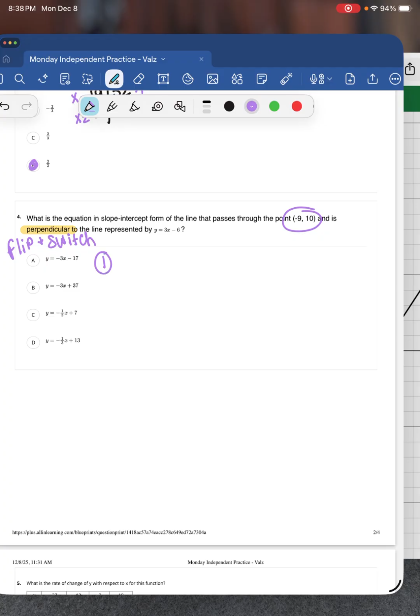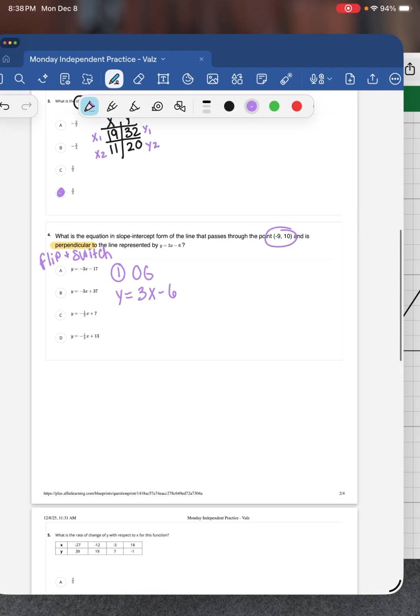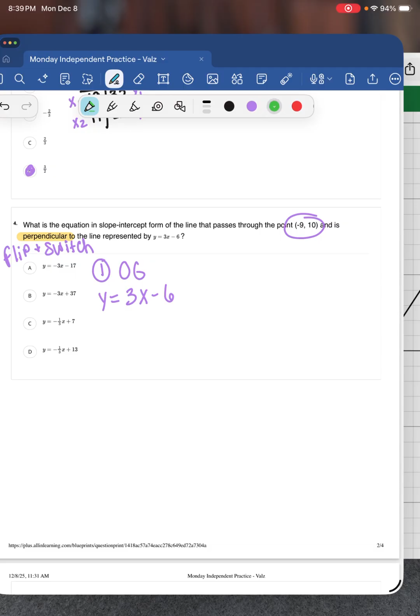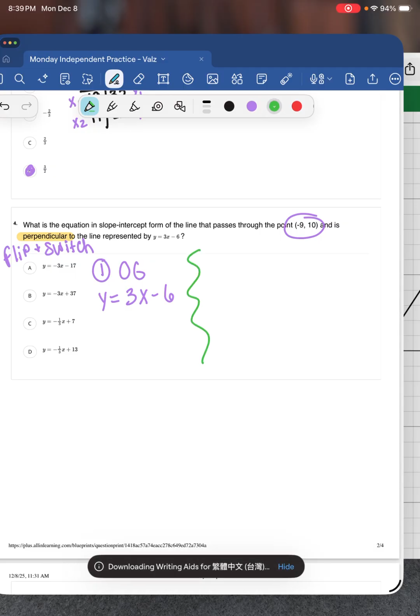So step 1 is always our OG. So I have y equals 3x minus 6. Now with perpendicular, again, we have that flip and switch. So we need to make sure that we are doing that before we do any of our other steps. So my slope is 3. I need to flip it, which means I need to change it into a fraction.